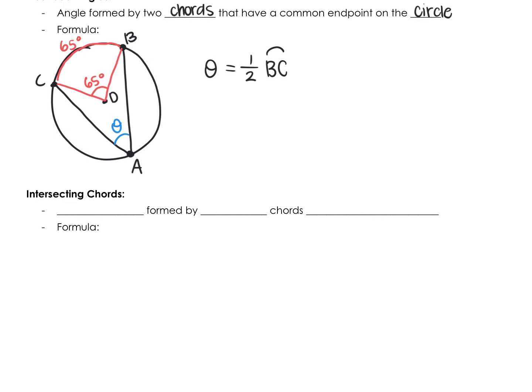Next, we're going to go back to intersecting chords. We talked about the relationship between the lengths of the intersecting chords, and now we're going to talk about the relationship between the angles formed by the intersecting chords. So it is angles formed by two chords intersecting.